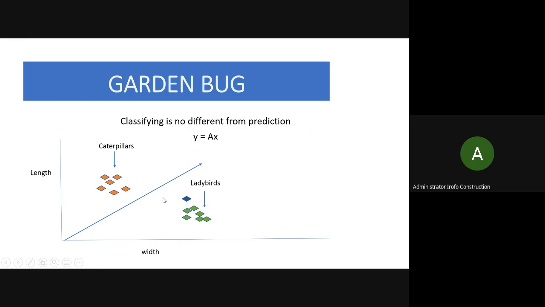And any line, you know, is always in the form y is equal to ax. Mathematically, this line passes through the origin, meaning its intercept is 0. That's why you only see y equal to ax here, and you don't see anything like plus c.